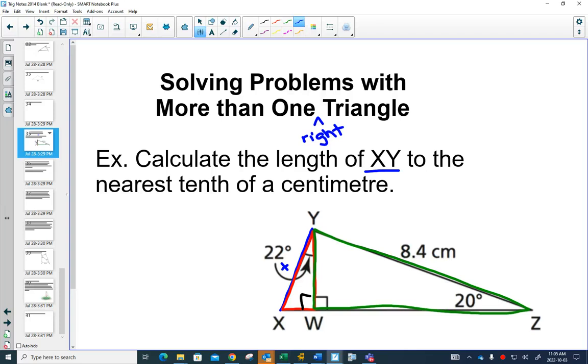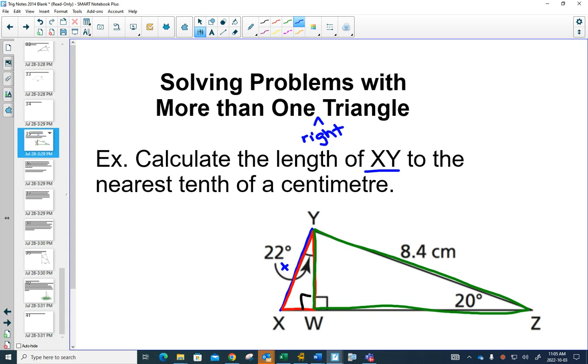You could find the other angle there, but you have no sides whatsoever on that red triangle. And in order to find something with SOHCAHTOA, you need two pieces of information, an angle and a side, or two sides. And since we have no sides whatsoever, there's nothing that we can solve for on the red triangle yet.